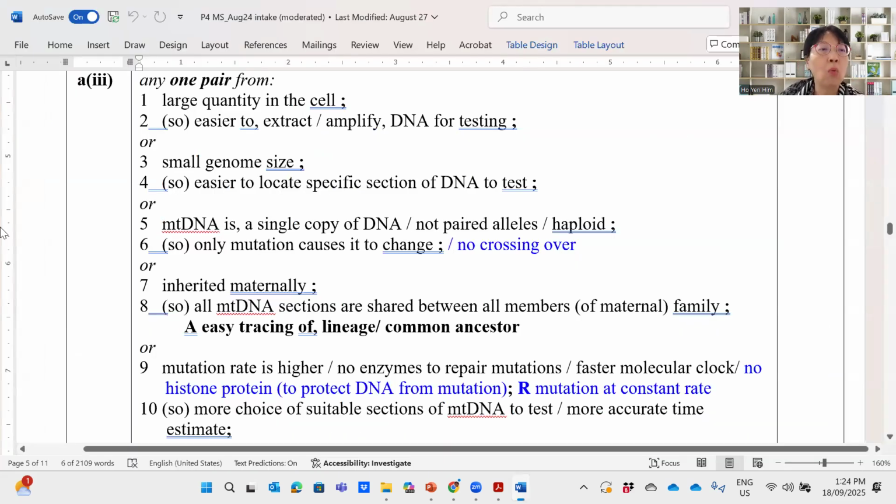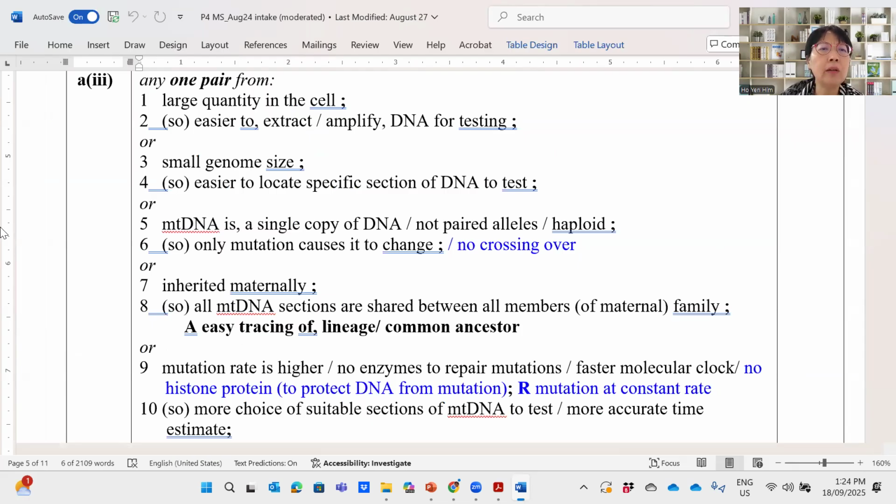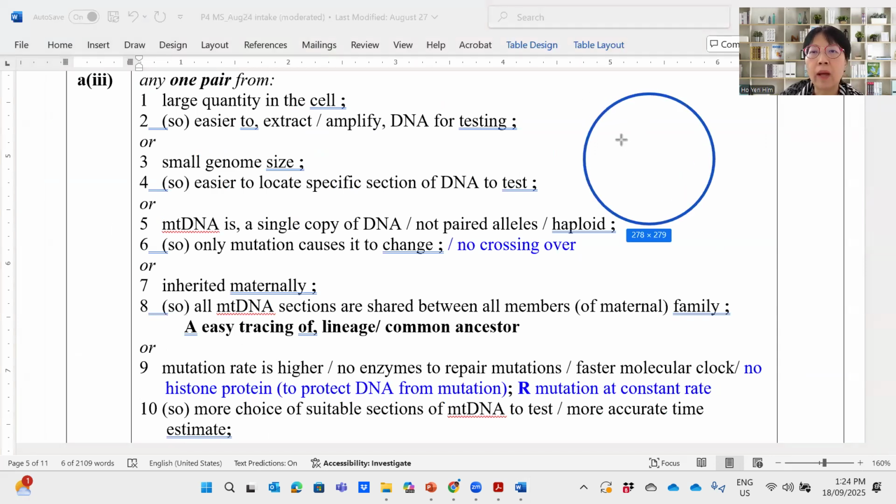So why do we use mitochondrial DNA? Because in one cell, there's only one nucleus, right? But there can be many mitochondria. So therefore, there are more copies of the mitochondrial DNA that we can isolate from the cell than the DNA from the nucleus.